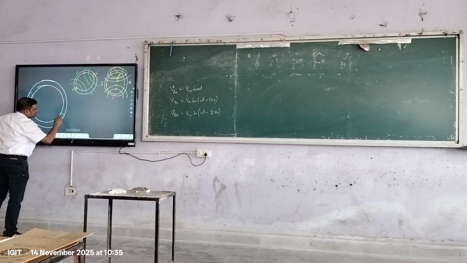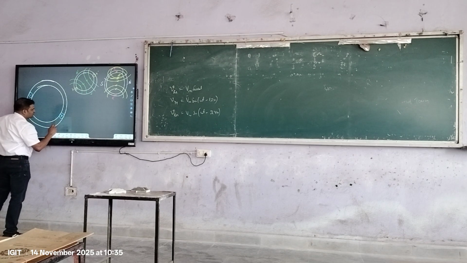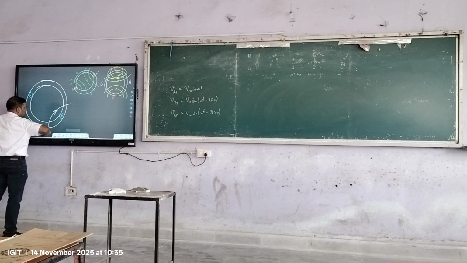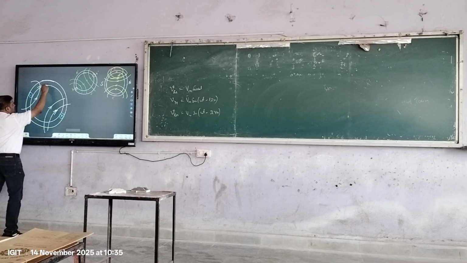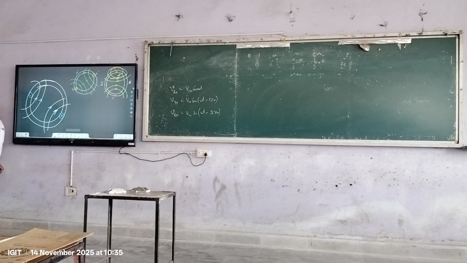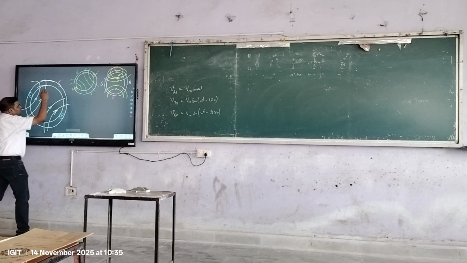So first is cross, then is dot. So how will the flux be produced over here and here? Correct? So you are creating a north pole again on this side and south pole over here.